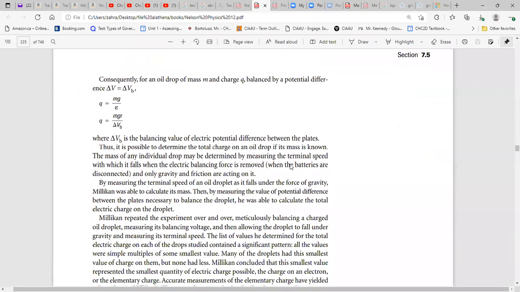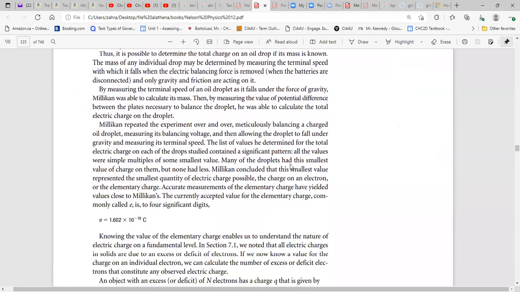When Millikan did this experiment, he did it with different drops, and he found that each of those Q values is a multiple of this number, 1.602 times 10 to the power negative 19.